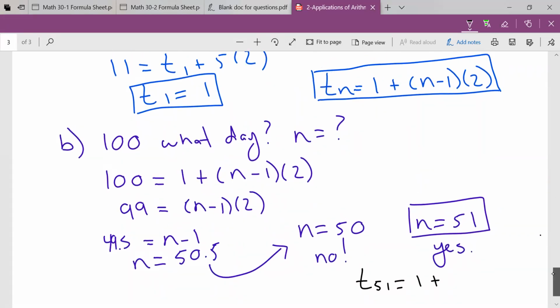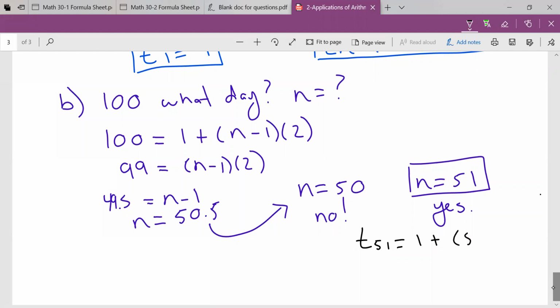So 51 minus 1 times 2. We just want to make sure that she's met her goal. Well, that's 50 times 2 plus 1. Guess what? She did 101 sit-ups. So on day 51, she meets her goal.